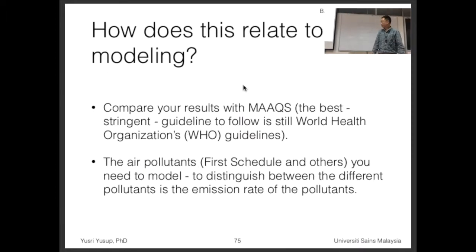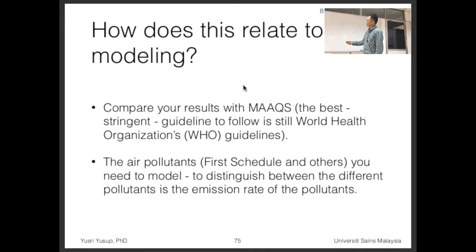Then once you get your results like just now, 47, 43, we compare that modeling result with the MAAQS. The most stringent guideline to follow is the World Health Organization, which is the last one at 2020.